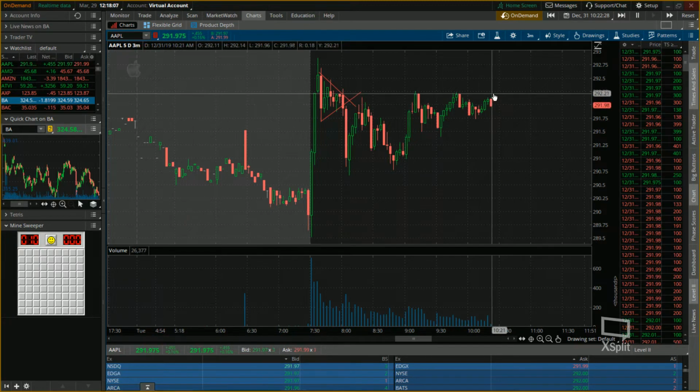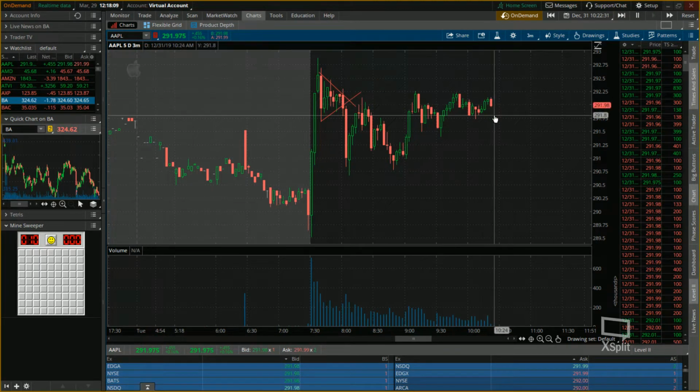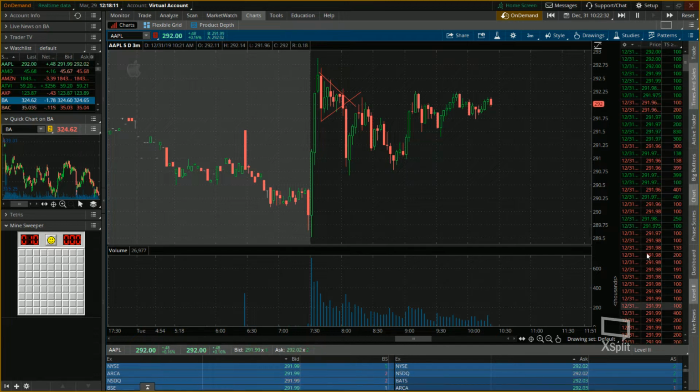When we see here, look at, all these green buy orders are what brings the candlestick up. All these red sell orders are what's bringing it down.